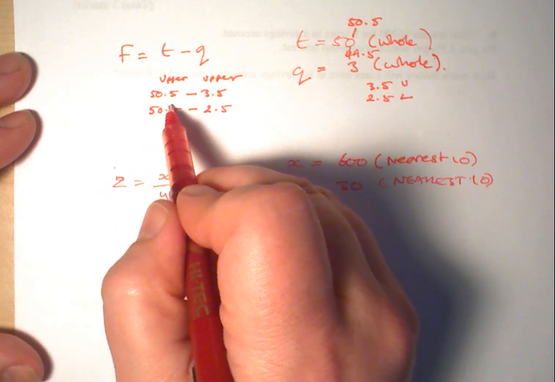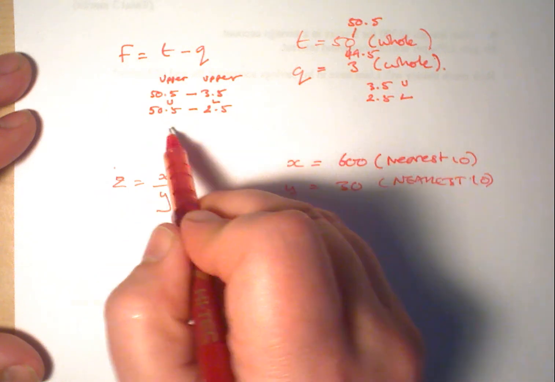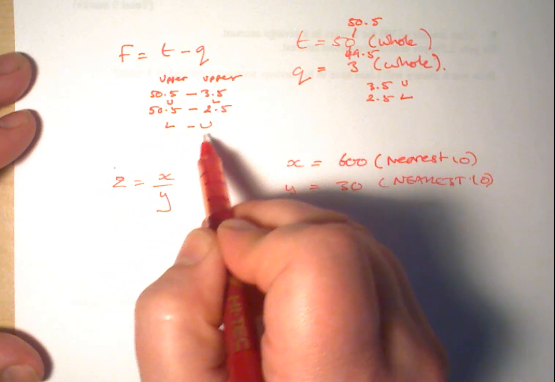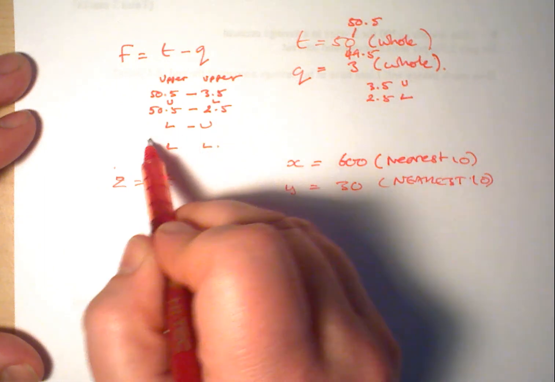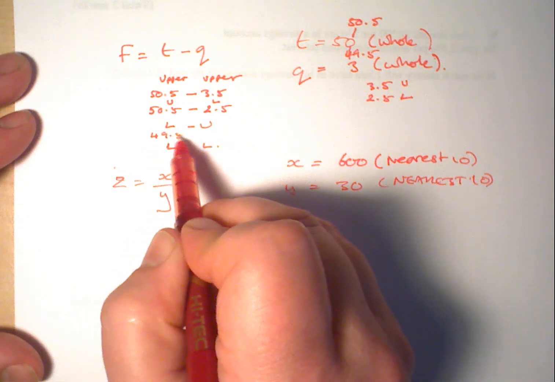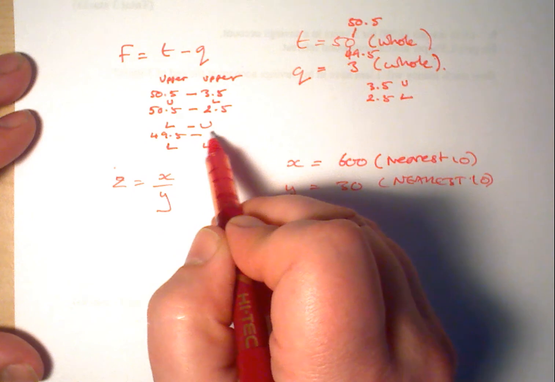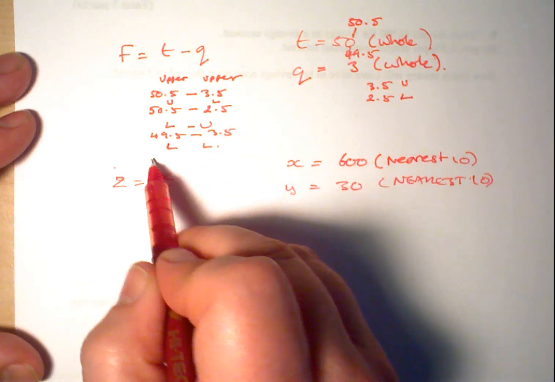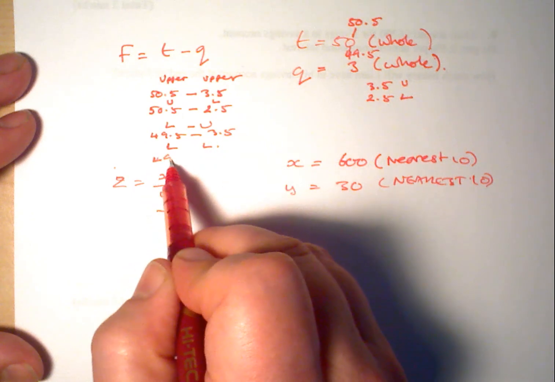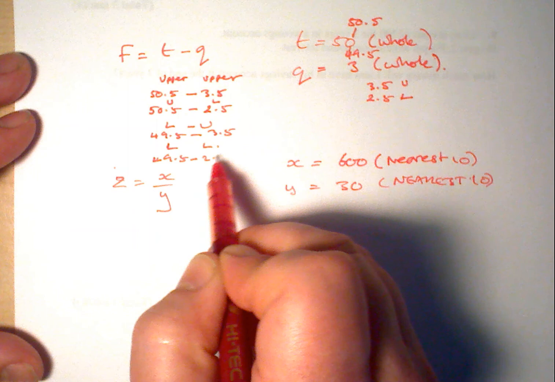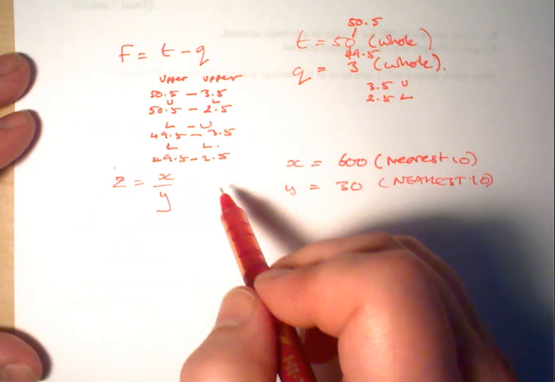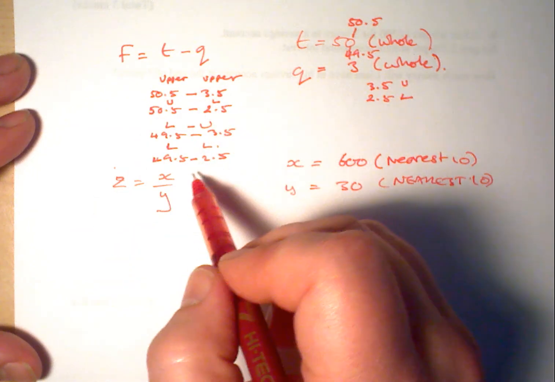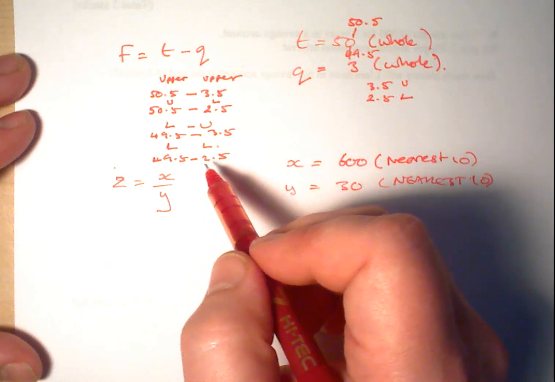Or I could have the lower minus the upper, or the lower minus the lower. Well, the lower, this would be 49.5 minus 3.5, and this would be 49.5 minus 2.5. And what I want you to do is try all those combinations and see which one gives you the highest and the lowest number.